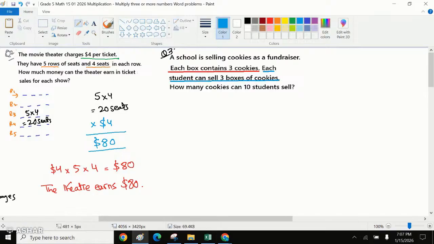That means how many cookies are being sold by one student? Okay, we can say that there are 3 cookies in a box, right? And a student can sell only 3 boxes. That means each student is selling only 9 cookies, right?